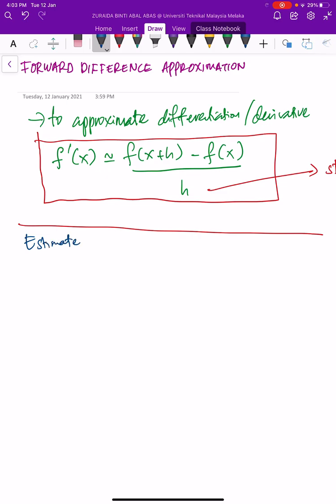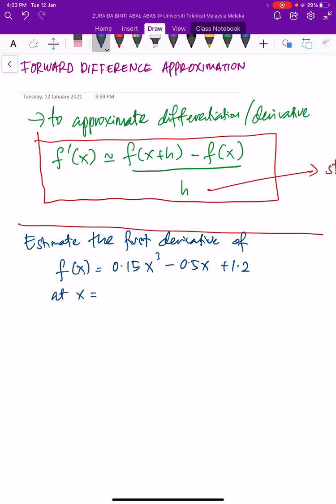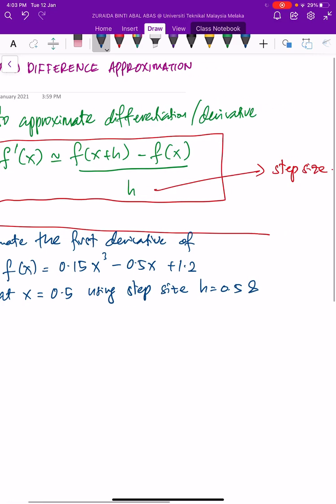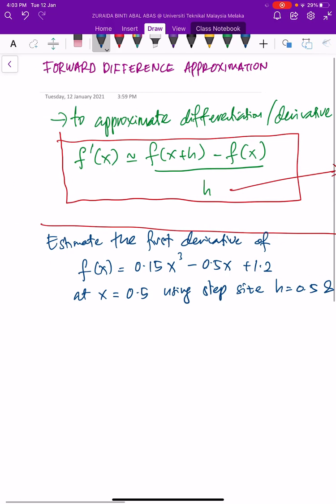Estimate, I'm sorry, my handwriting is so terrible, estimate the first derivative of this function here, f of x equal to 0.15x cubed minus 0.5x plus 1.2, at x equal to 0.5, using step size h equal to 0.5 and h equal to 0.25. Now let's start.